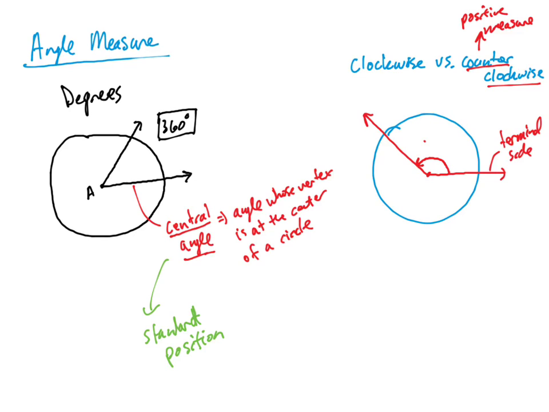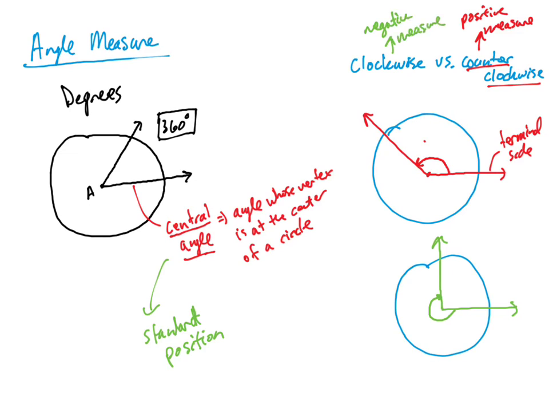Now, if a ray is rotating clockwise, in that instance, the ray has a negative measure. So let's say it comes up here. This is going to have a negative measure.